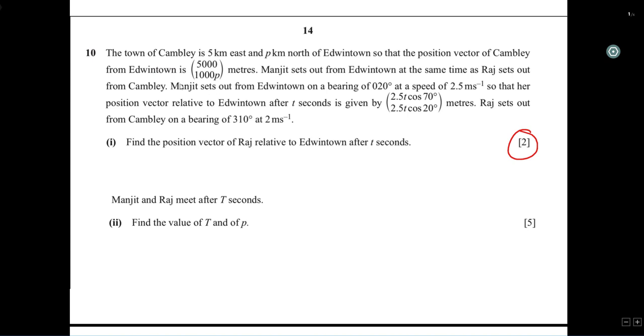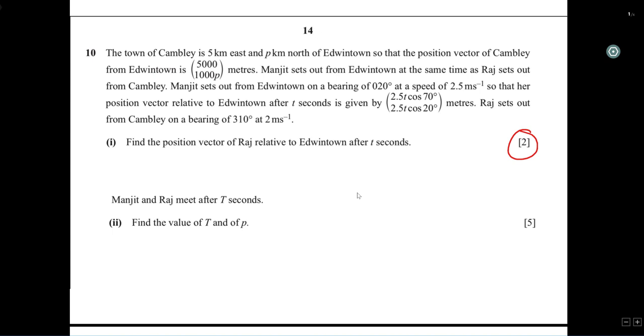The first thing is the town Cambly is 5 km east and p km north of Edwin Town, so the position vector of Cambly from Edwin Town is (5000, 1000p) meters.